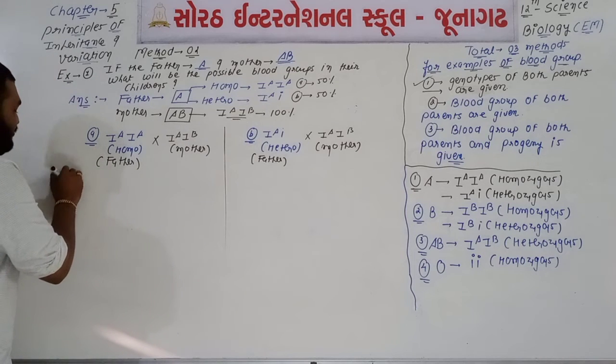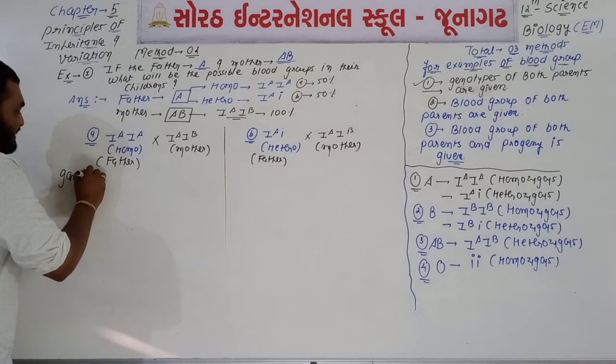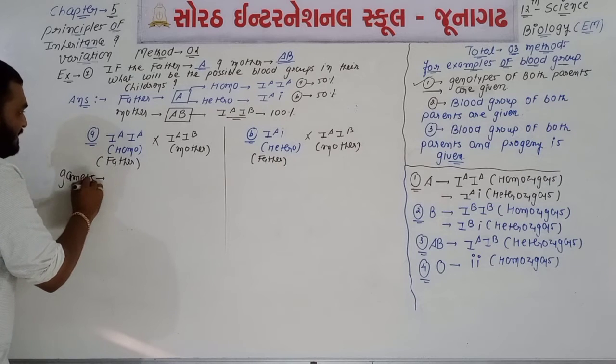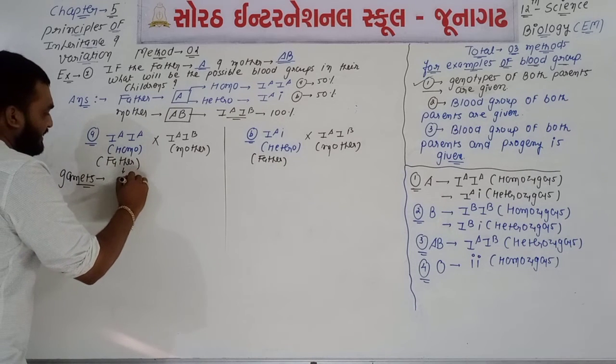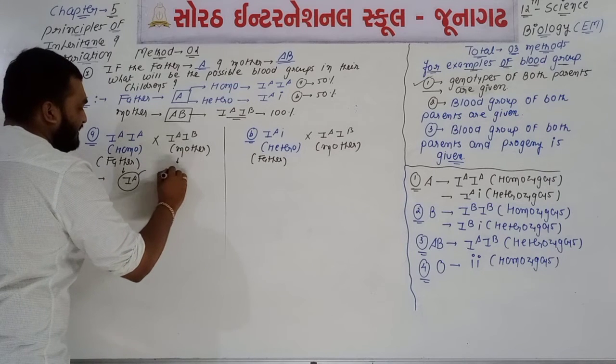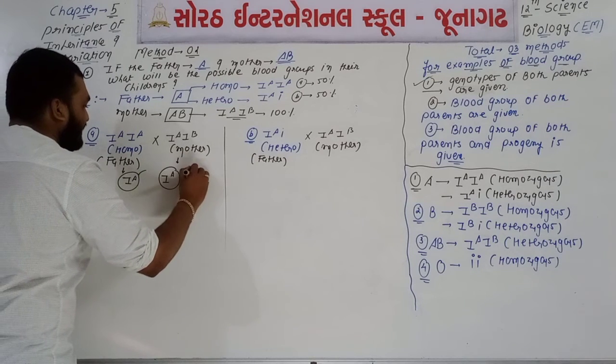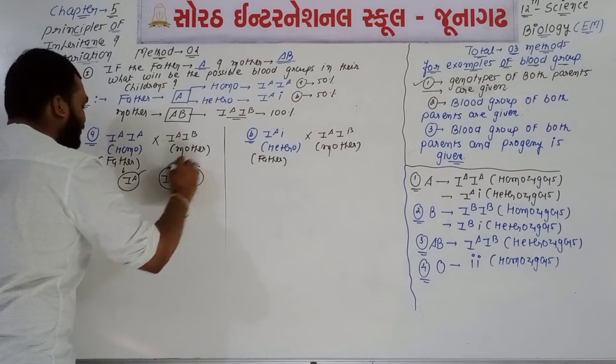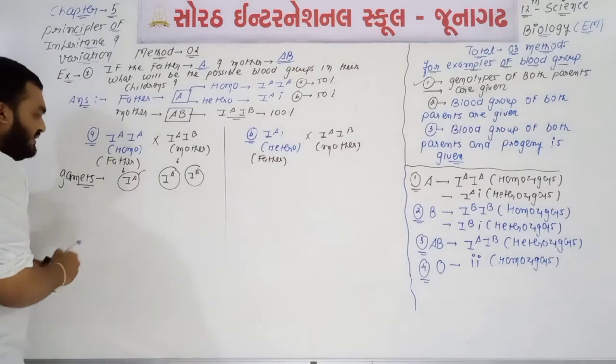Here if we produce the gametes, then only IA will be produced from the father, and from the mother IA and IB both are going to be produced, yes or no?